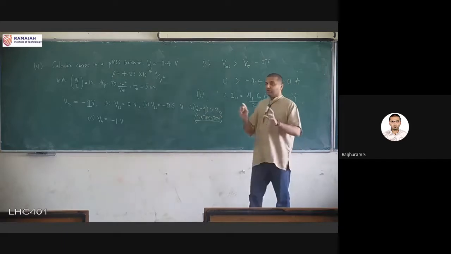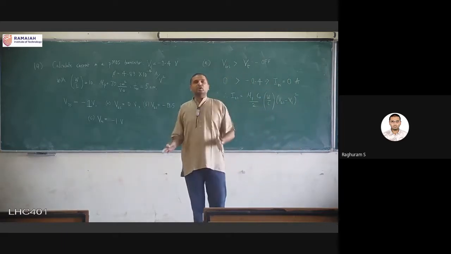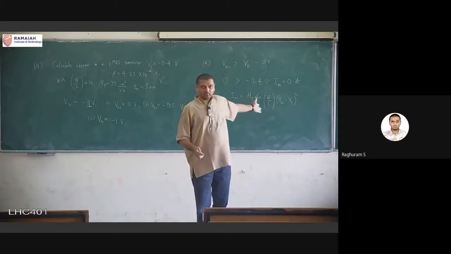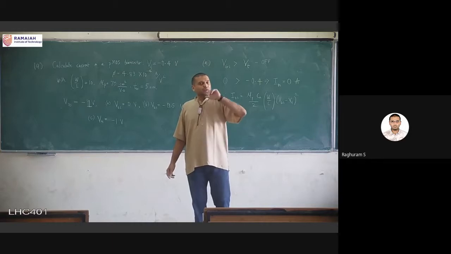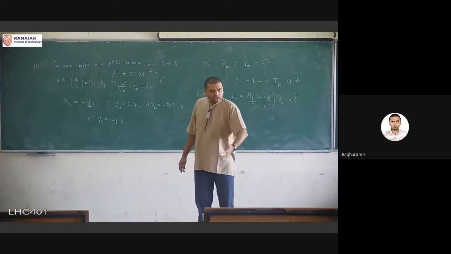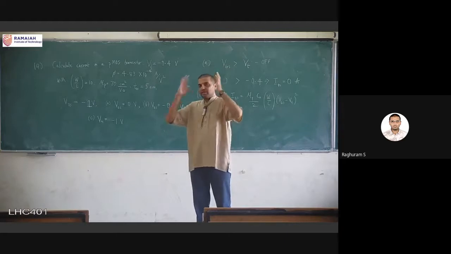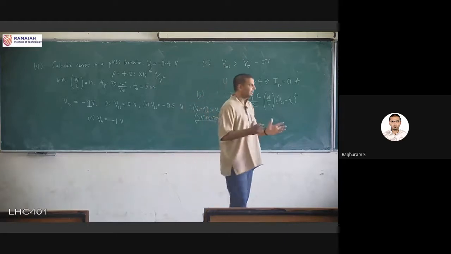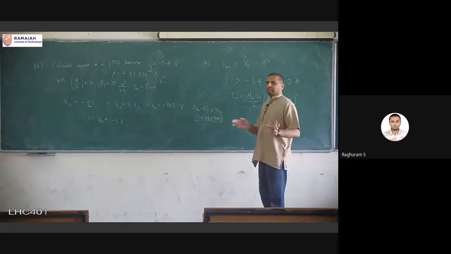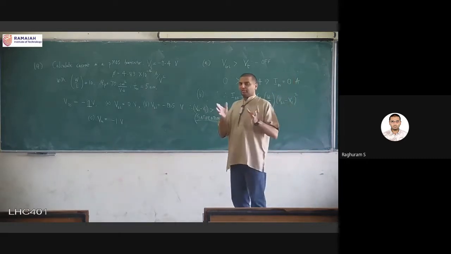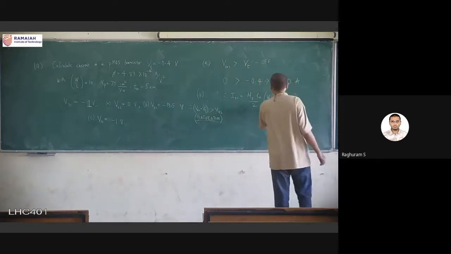Don't change the saturation current equation. Saturation current equation is always the same, what we see here. Only the conditions for saturation are different. If we have determined that it is in saturation region, use the saturation equation. If you switch both, then again you'll be making a mistake. So be a little careful. If you change everything, then that is also a mistake. You have to change half the things, don't change the other half.